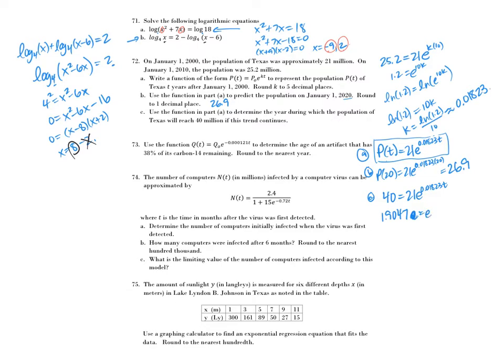Equals e to the 0.01823 t. Then I can take the natural log of both sides. And divide by that. So natural log of 1.9047 divided by 0.01823.